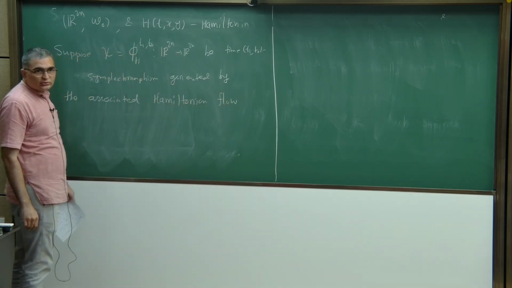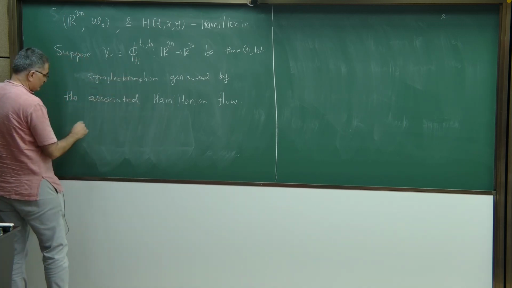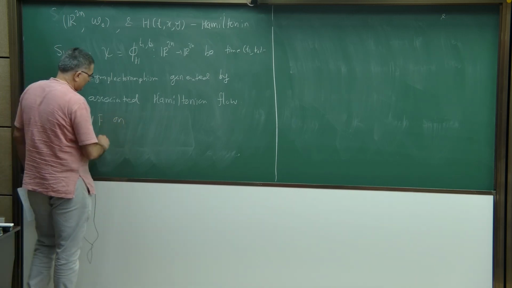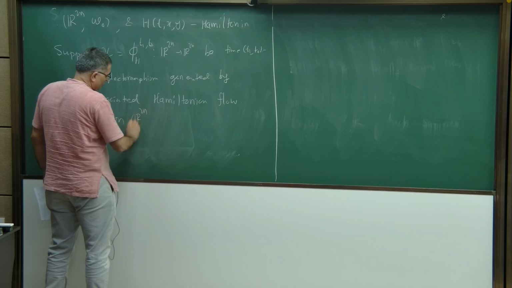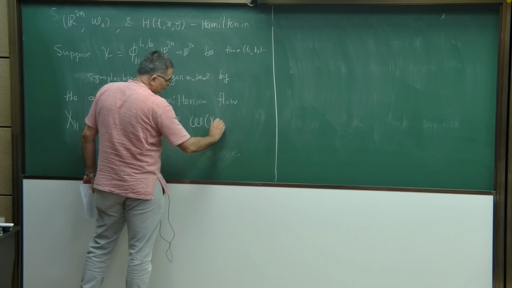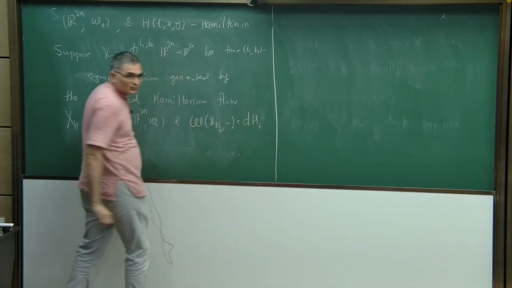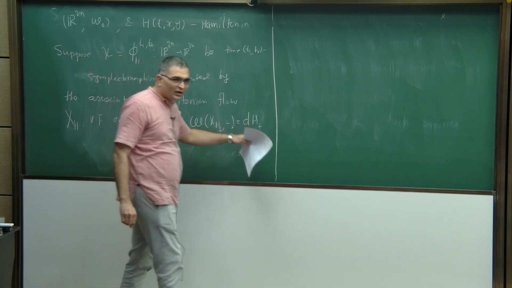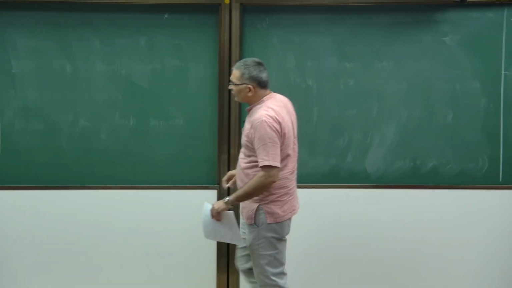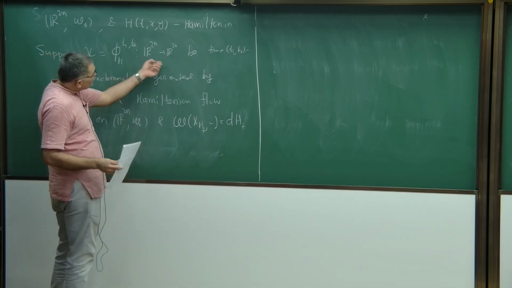Okay. So recall that by Hamiltonian flow, I am just looking at the vector field X_H on R^{2n} such that, where d I am taking in the R^n direction. This is my Hamiltonian vector field, and everything is in explicit coordinates.